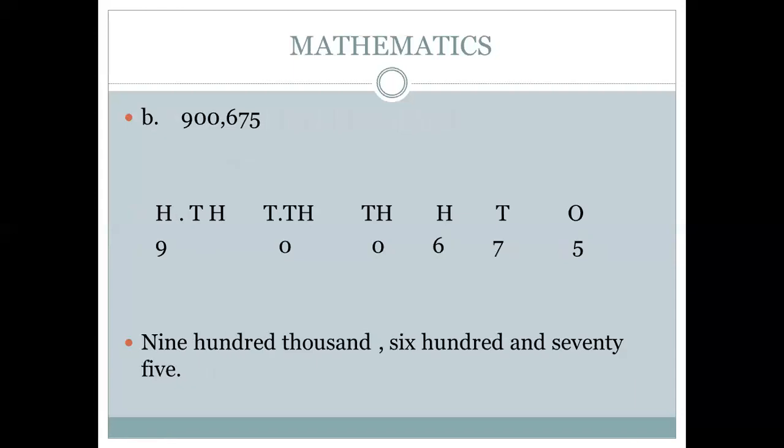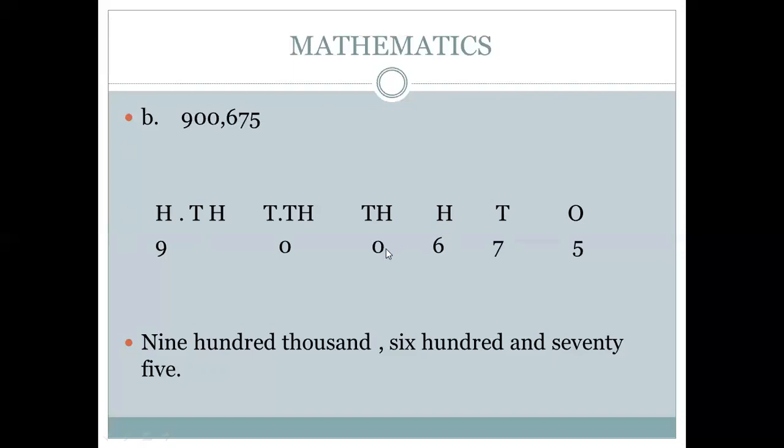Yes, come to part B. Again, ones, tens, hundreds, 1,000, 10,000, and 100,000. Now we put the number under the units. We write 5 under ones, 7 under tens, 6 under hundreds, then the turn of 1,000.